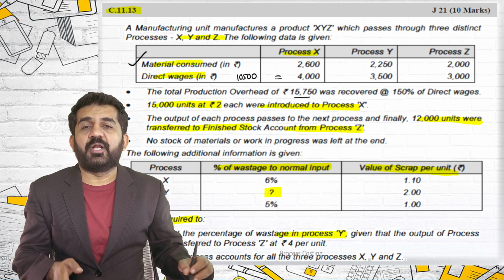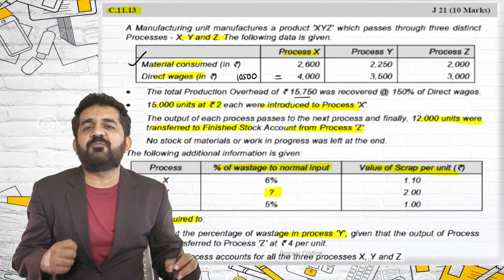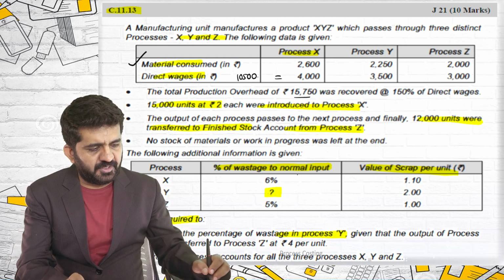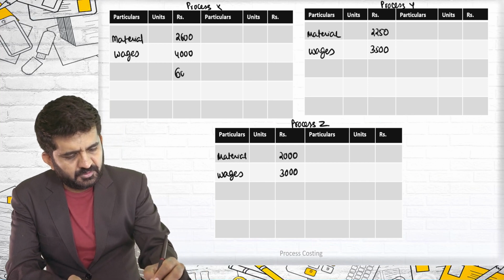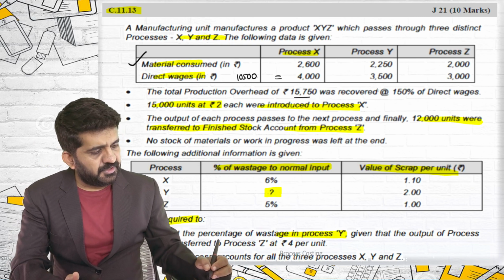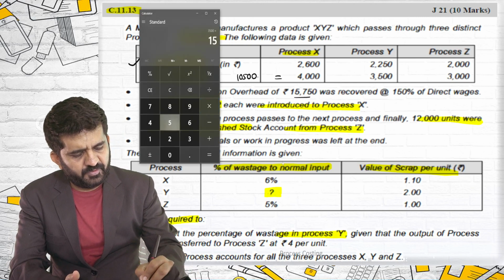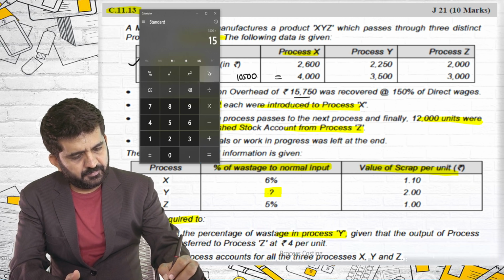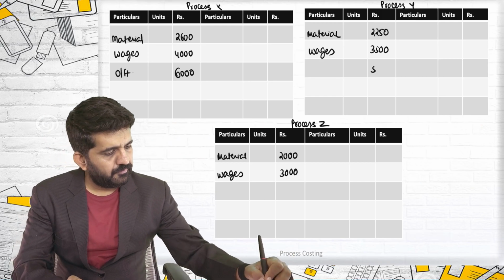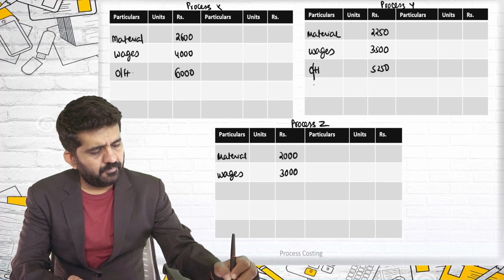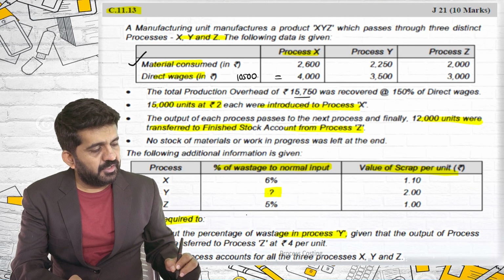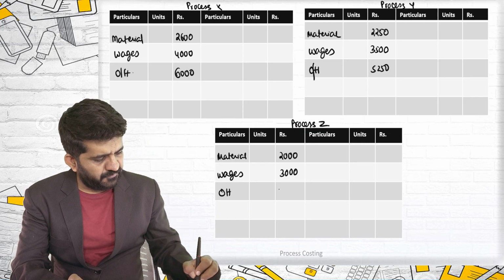The total production overhead. Now we have understood that it will be 150% of direct wages. How? If I do 150% of 4,000, it will become 6,000. 6,000 will be overhead. 150% of 3,500 is 5,250. And overhead in process Z will be 3,000 into 150%, that is 4,500.